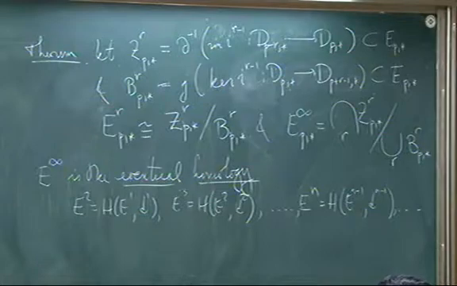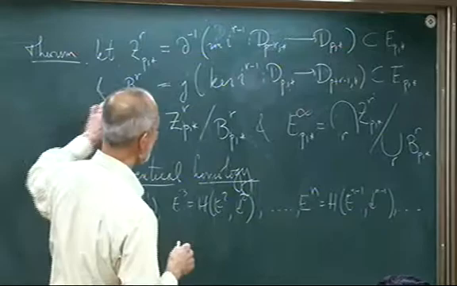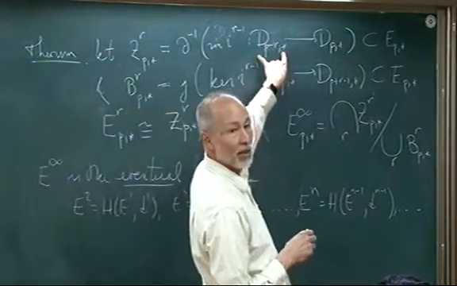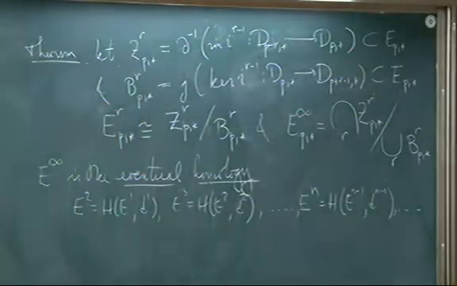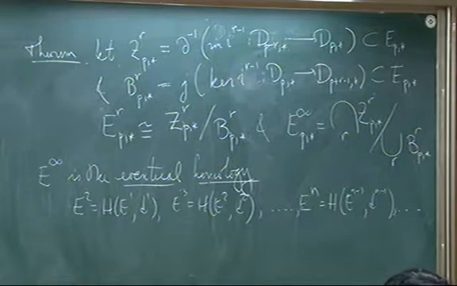But in the case, for example, that the bi-grading on D and E is always by positive integers, then you have a situation where everything lives in the first quadrant. If you think of this bi-graded module sitting here, eventually the differentials grow too long and leave the region to go into zeros.